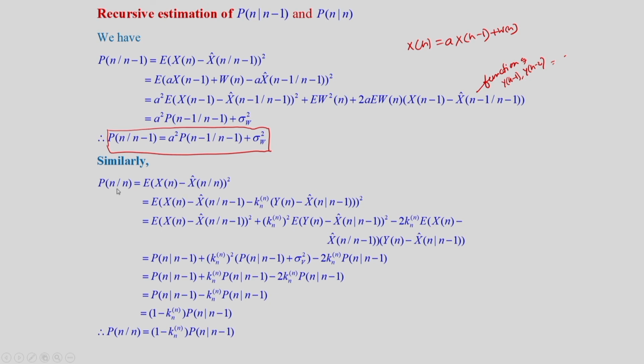Now, let us examine P[n|n], the mean square estimation error. This is equal to E of (x[n] minus x̂[n|n]) whole square.